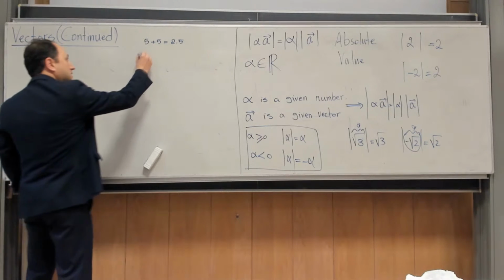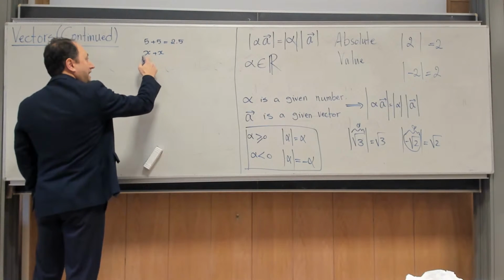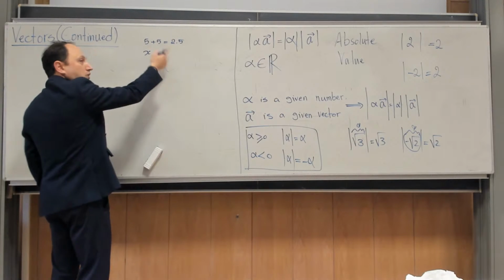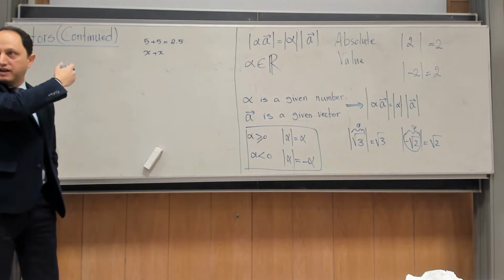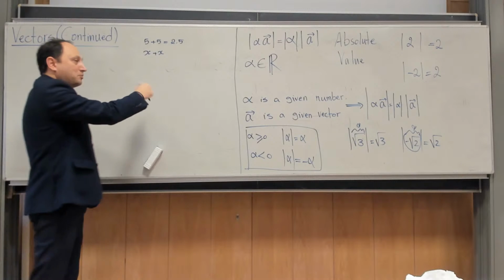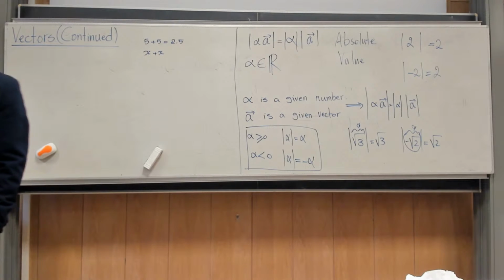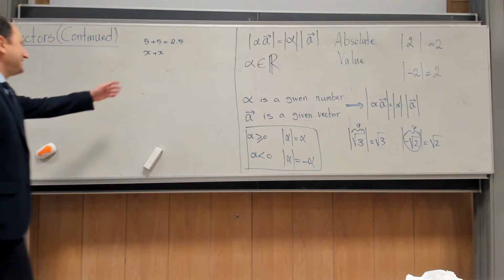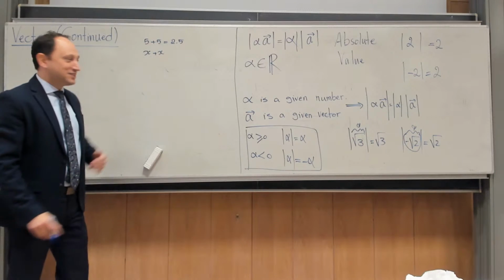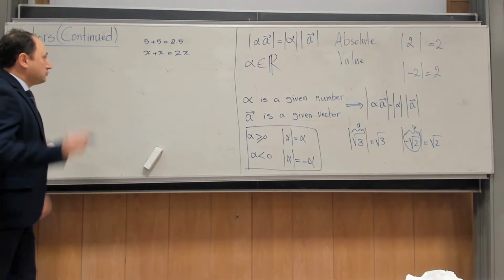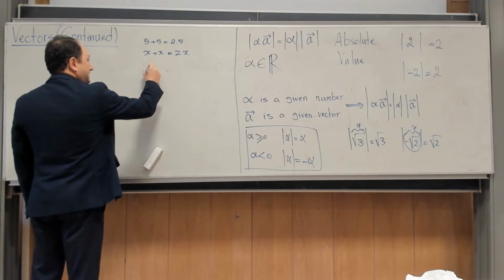If I write x plus x in algebra, x is sitting instead of a number. So whatever you can do with numbers, you can also do with variables, because by convention these x's are representing numbers. So this becomes 2x.